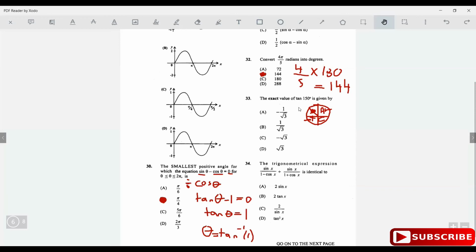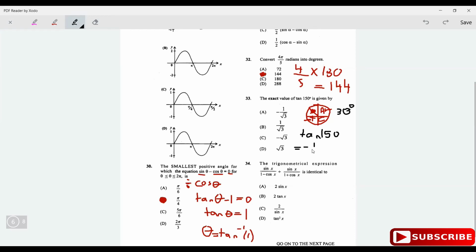So remember, this is pi minus, or 180 minus. So the angle in the first quadrant is going to be 30. So what am I saying? I am saying that the tan of 150 is equal to negative the tan of 30.